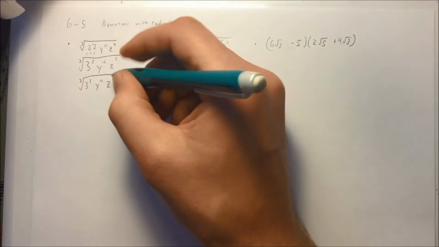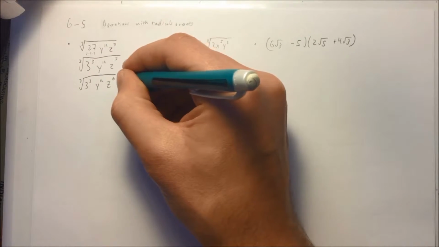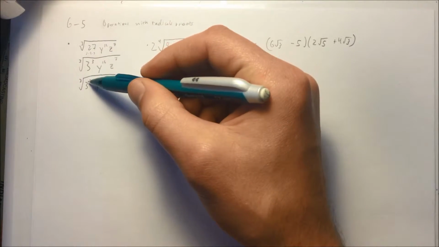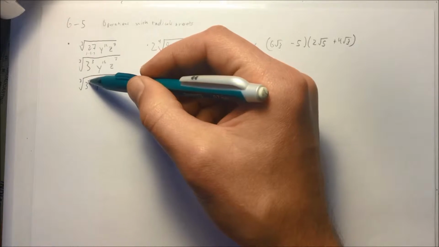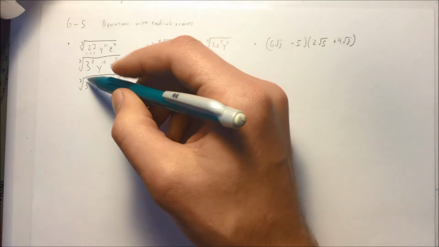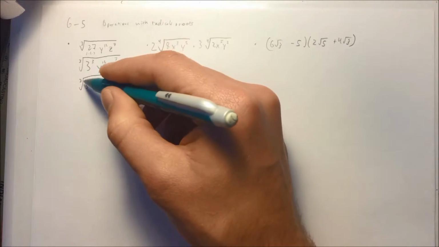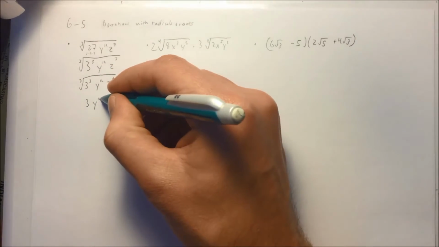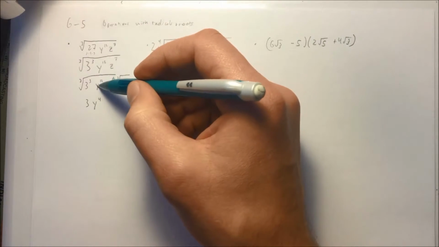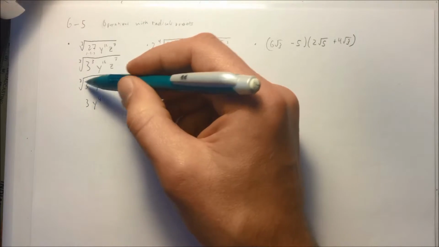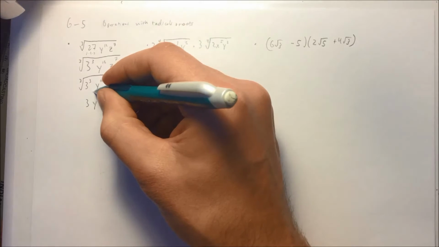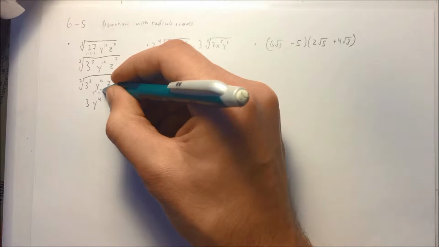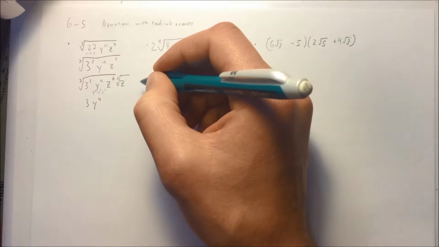When I take the cubic root of all of these, what raised to the third power gives me 27? That would just be 3. The third root of 3 to the third is just 3. Y to the 4th is the cubic root of y to the 12th, because this is y to the 4th times y to the 4th times y to the 4th.